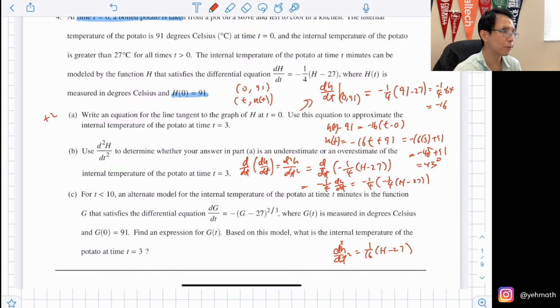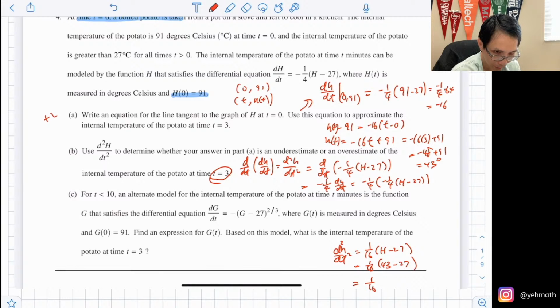Now this question is really hard because it depends on prior information. What do I mean by prior information? T equals 3. It's not t equals 0, it's t equals 3. But when t equals 3, what is H? It's 43, right? So 1/16 times (43 - 27).